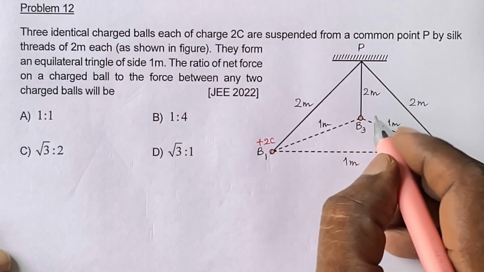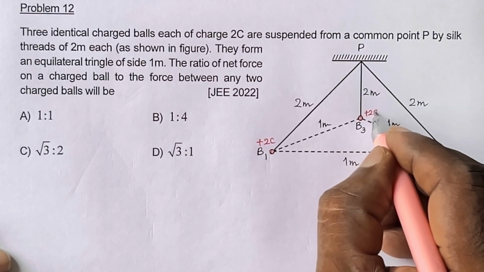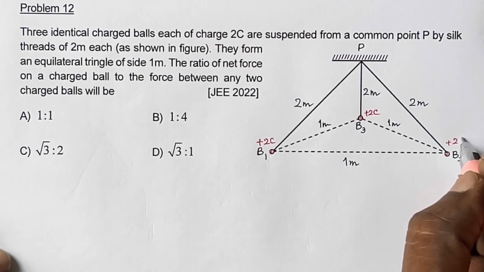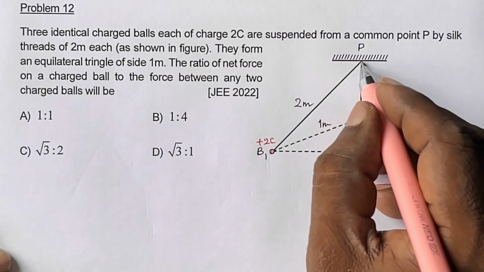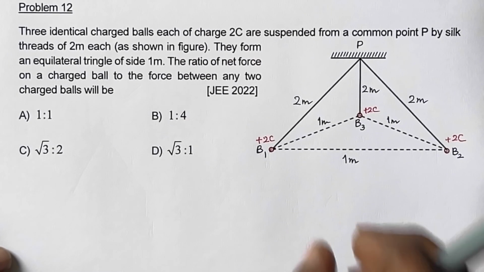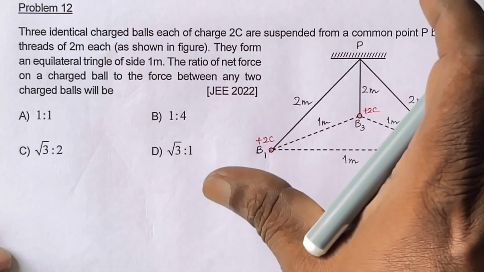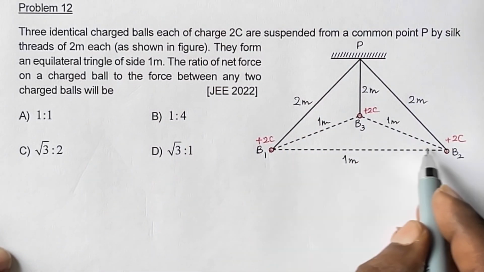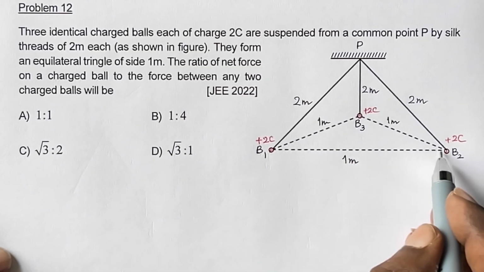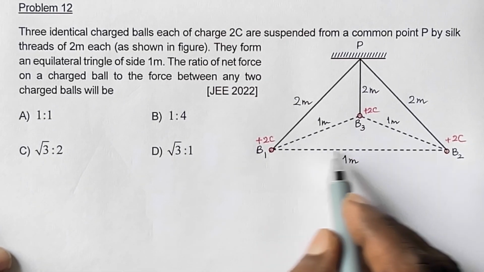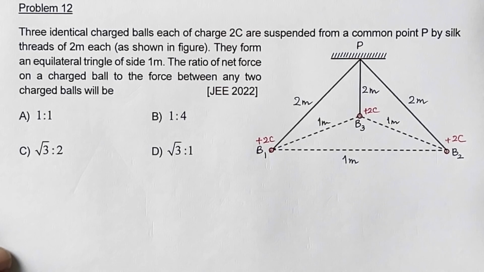So this is the pendulum, plus 2 C is there, and this pendulum also has plus 2 C charge. All pendulums are tied to the same fixed point. Because of the repulsion, they repelled and went off from each other. So here on the ground, they are making an equilateral triangle, 1 meter, 1 meter, 1 meter.